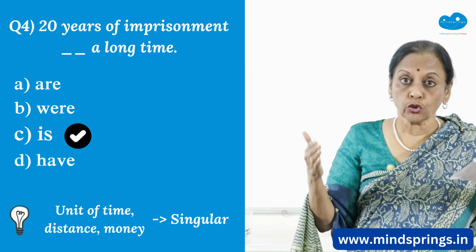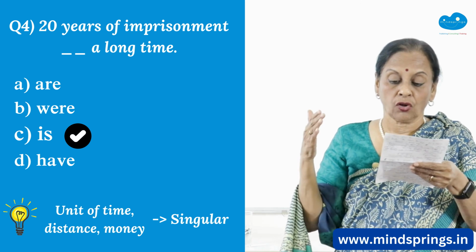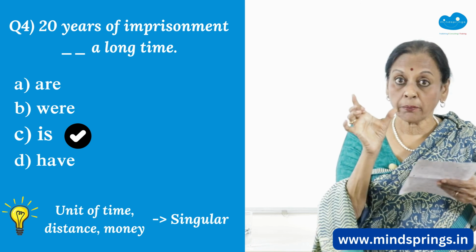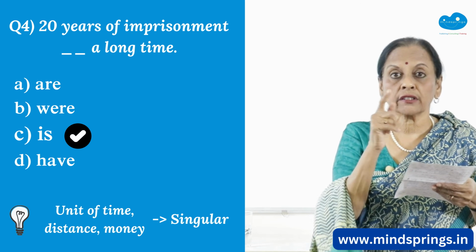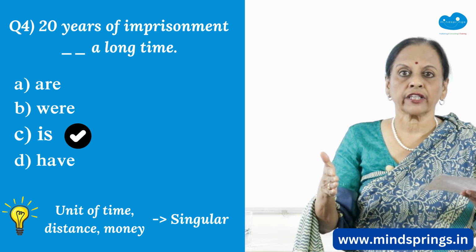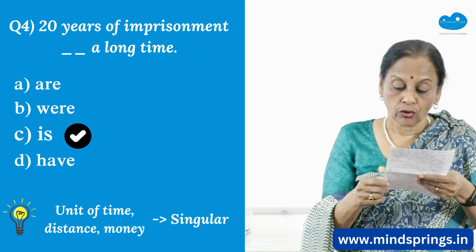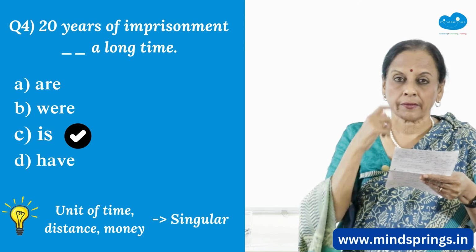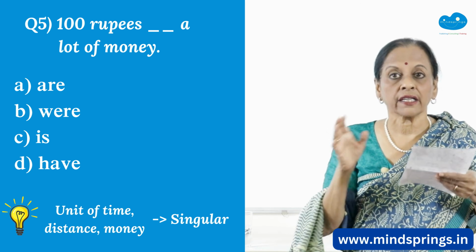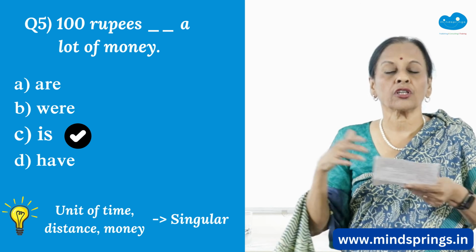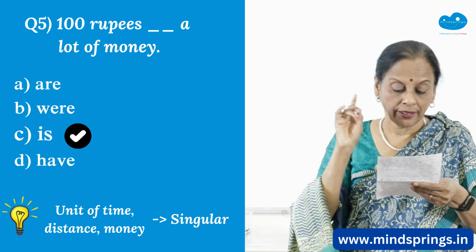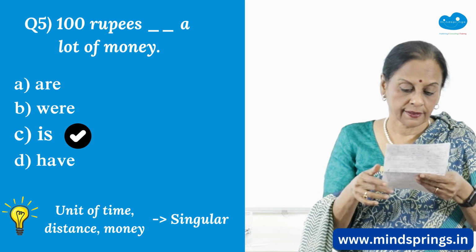But when you get a unit of time or distance or even money, when it's coming together as a unit, it's singular. So 20 years of imprisonment is a unit of time and therefore your answer is is. If I say 100 rupees dash a lot of money, then again 100 rupees is a lot of money because 100 rupees is a unit. So remember this for units.